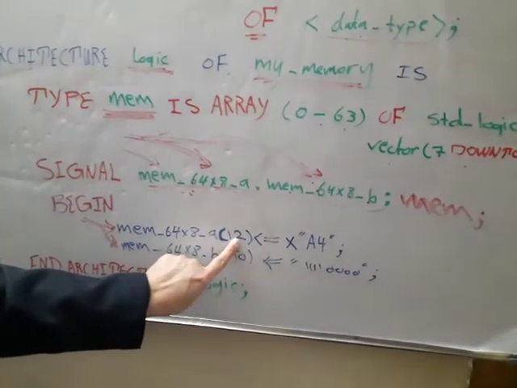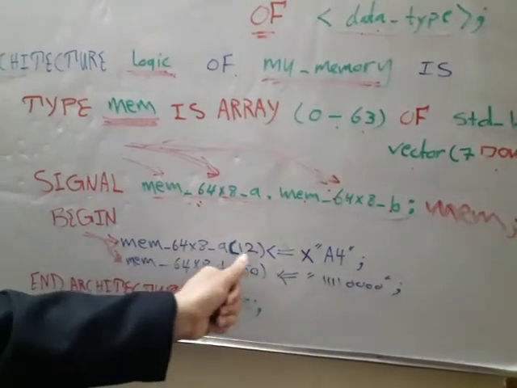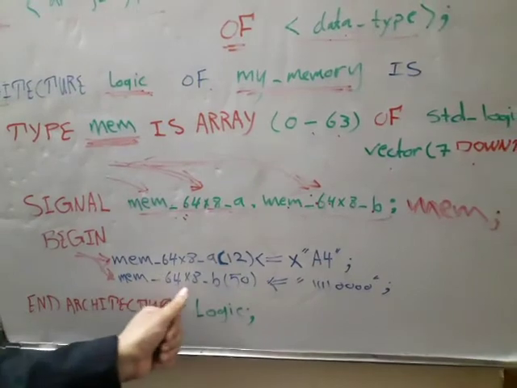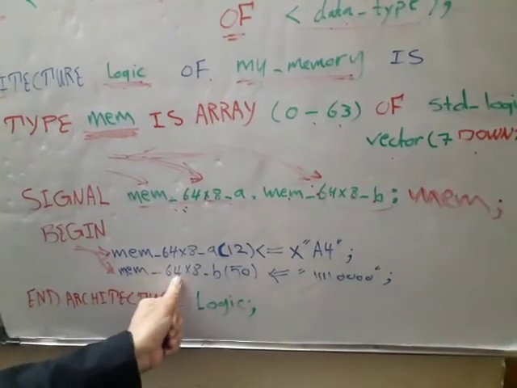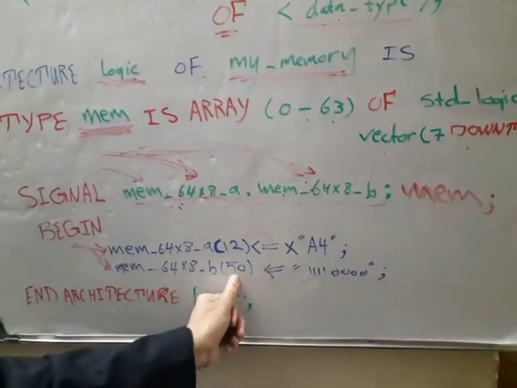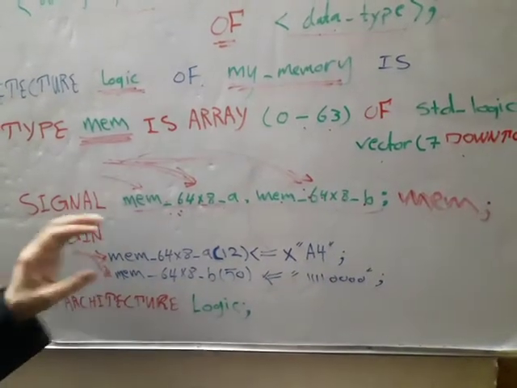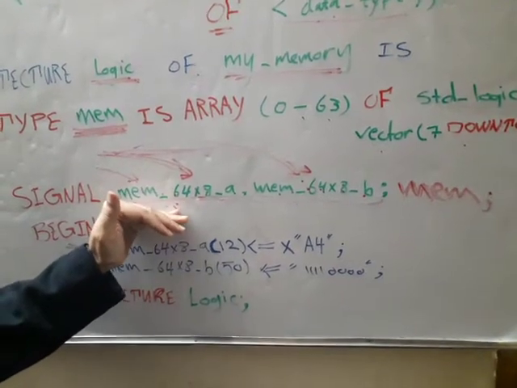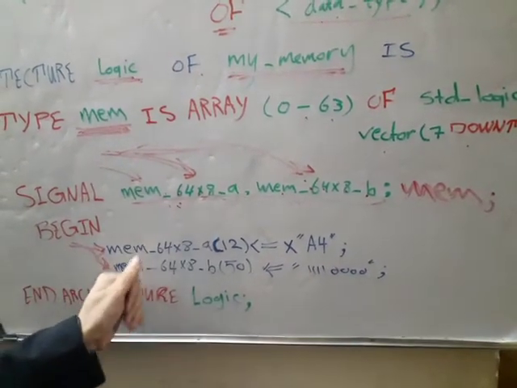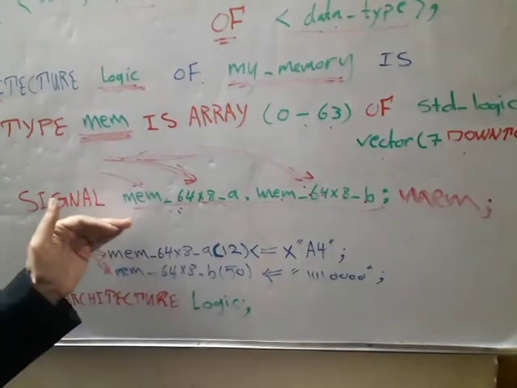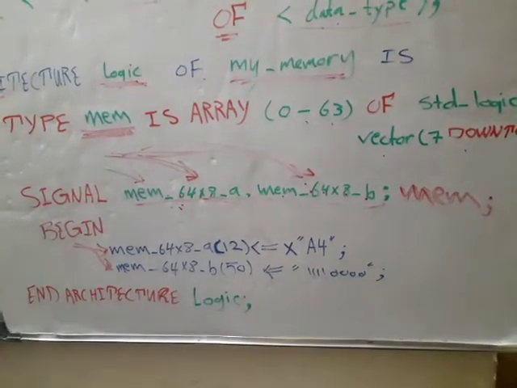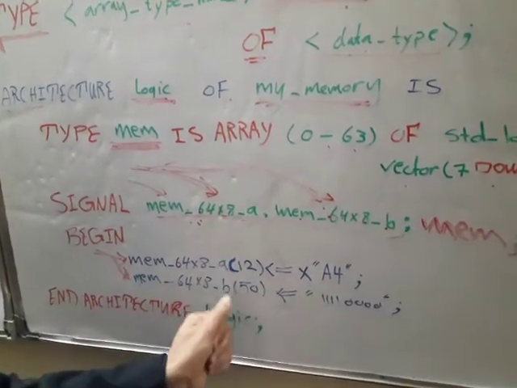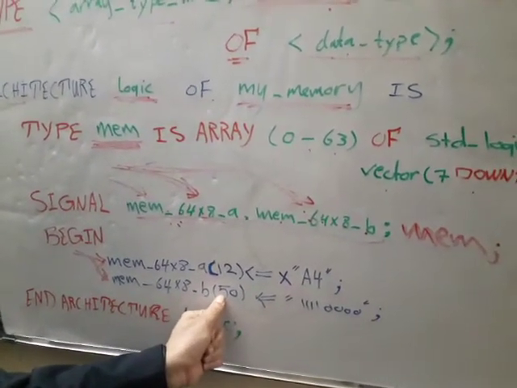We take only one cell, which is location 12, and for the second signal, mem64_8B, we take location 50. If you want to give 64 values for all the signal locations, you can use a loop or any other statement. But here we shall take one location of A and one location of signal B.